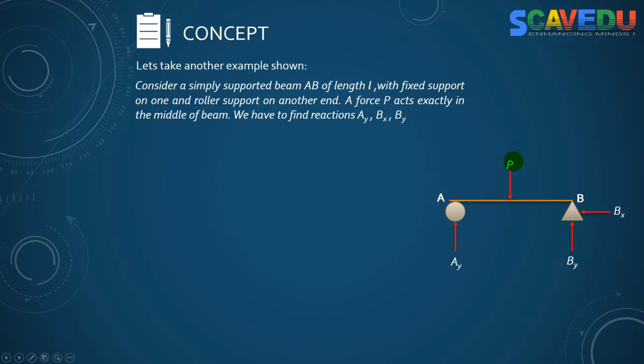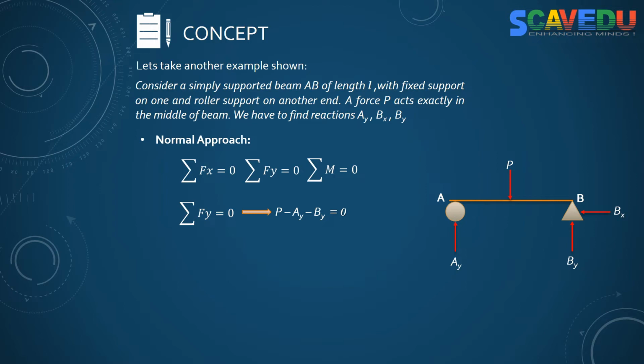Now let us go and apply the normal approach, and I already told you the normal approach is all about sum of forces in X direction shall be equal to 0, sum of forces in Y direction shall be equal to 0, and sum of moments should be equal to 0. Now applying these conditions, the first condition: sum of all forces in Y direction shall be equal to 0.